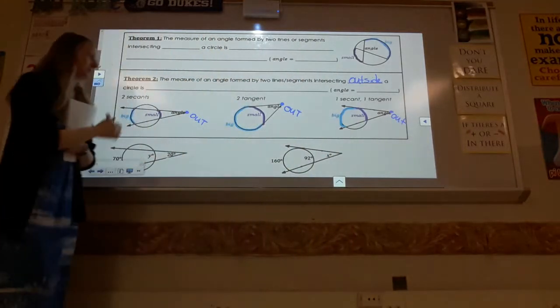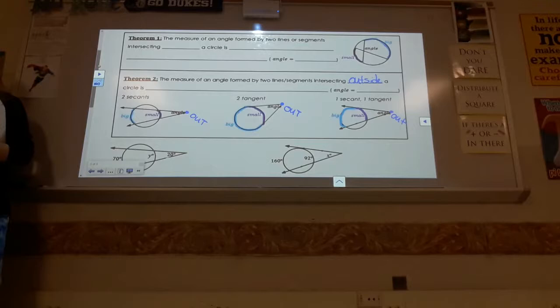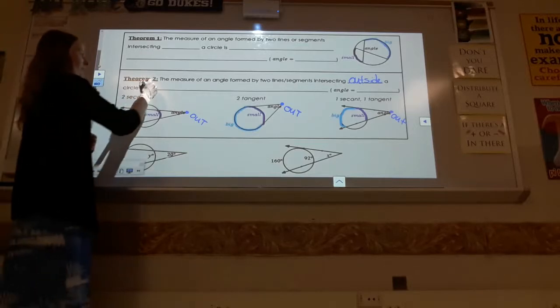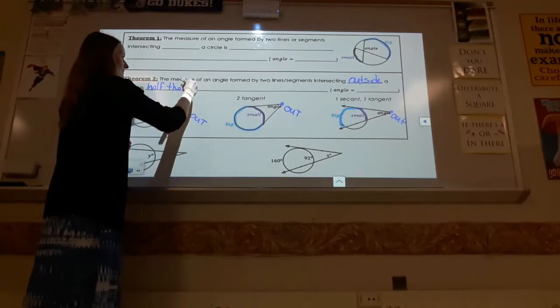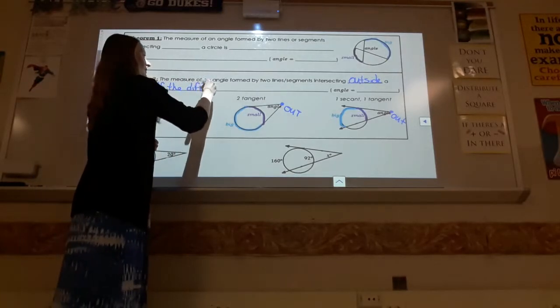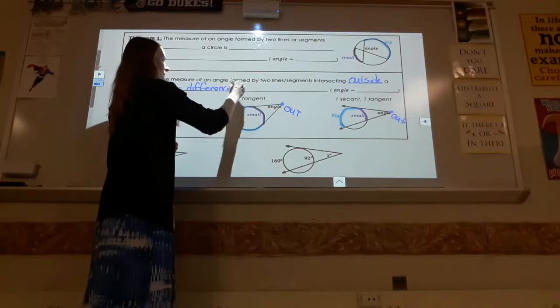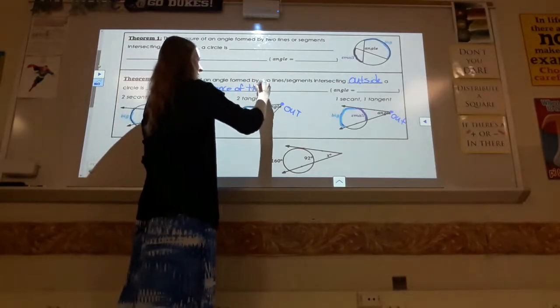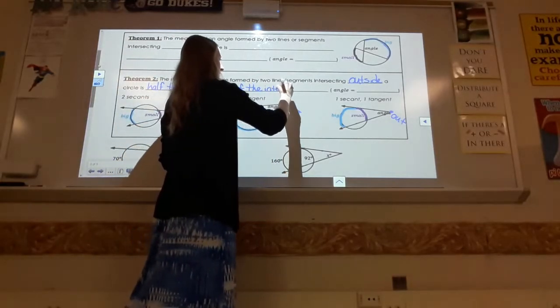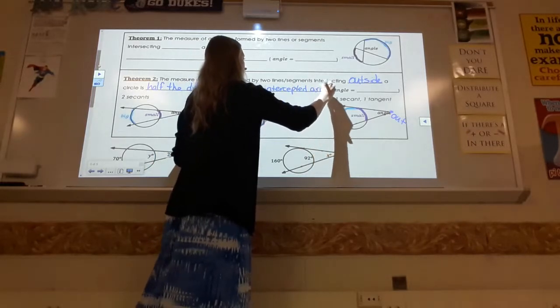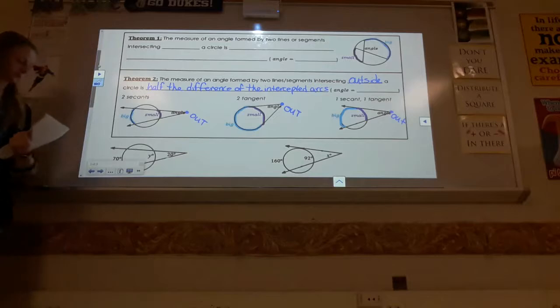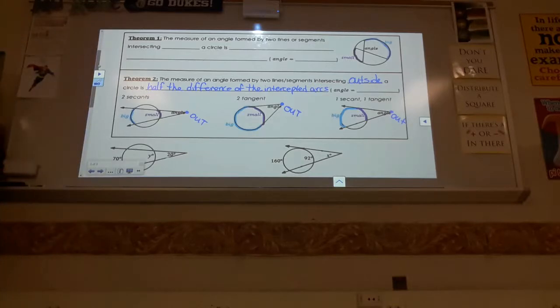It doesn't matter which one of these 3 scenarios it is, as long as it's outside, the angle is equal to half the difference of the intercepted arcs.